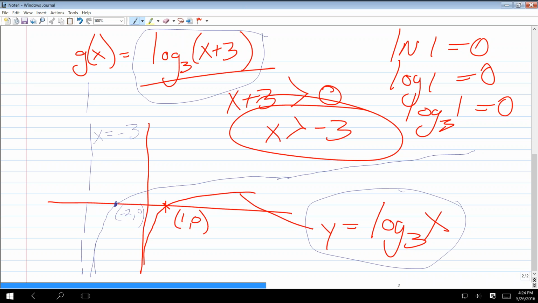It won't be on top of it, but it'll be close. You wouldn't be able to tell the difference if I showed you one versus the other. All log functions are going to have this shape that I've drawn here, and they are all going to be asymptotic with the vertical asymptote.